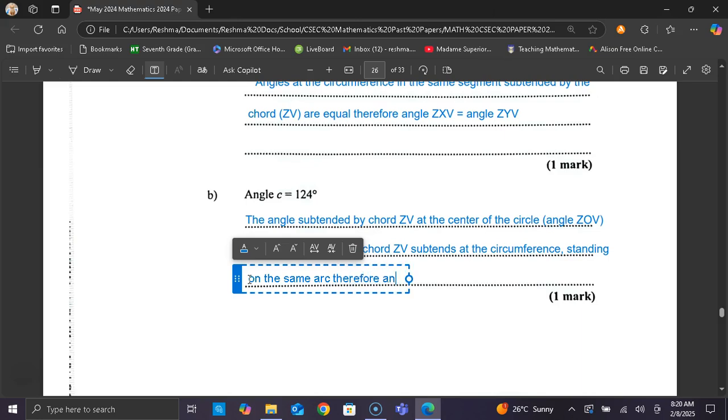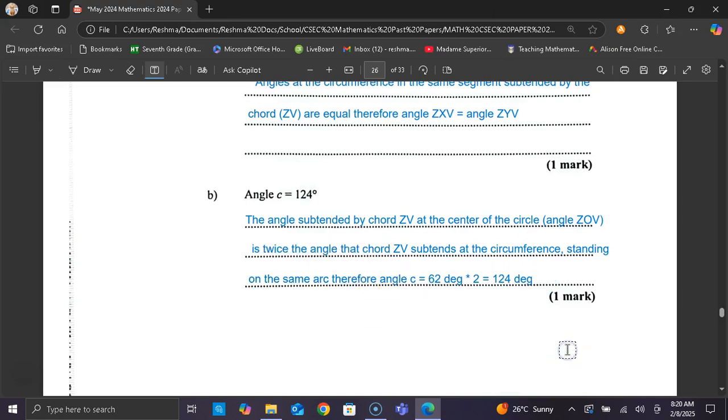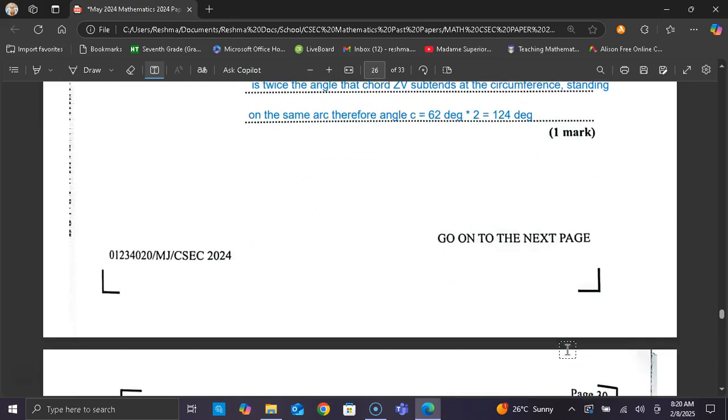Therefore, angle C is equal to 62 degrees multiplied by 2, which is equal to 124 degrees.